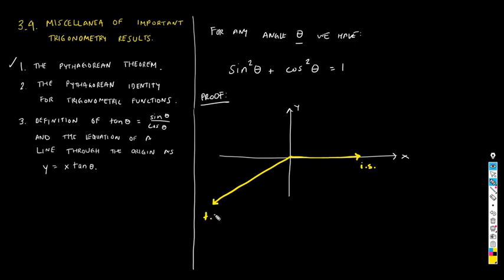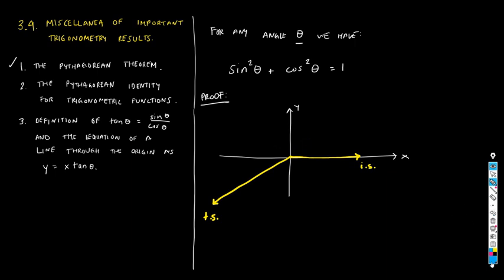This is the terminal side, and my angle is this one. I'm not going to draw it for clarity in the diagram. Remember, always draw this little arrow which tells you the direction of the angle. It's rotating counterclockwise, but I'm not going to draw it for simplicity. I'm just going to imagine that it's there and that the angle is called theta.